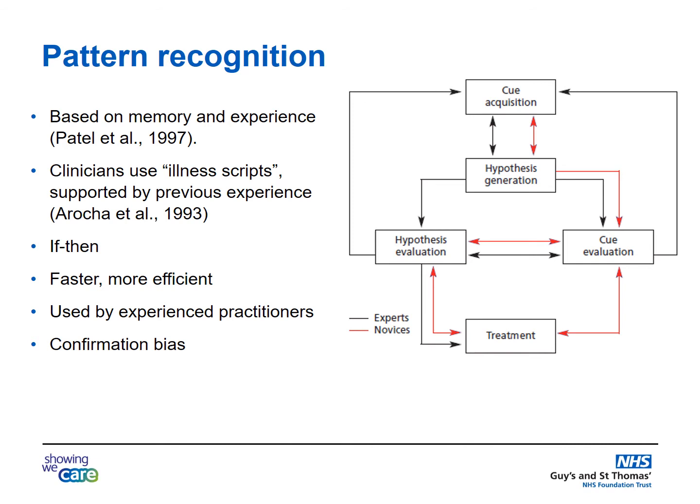Of course, although pattern recognition is faster and more efficient, it is difficult to use for less experienced clinicians or those working outside of their area of expertise. It is also open to confirmation bias, where a favourite pattern may be ill-defined and seen with every case, leading to misdiagnosis. As such, physiotherapists will often use both forms of reasoning dependent upon the context of the case.